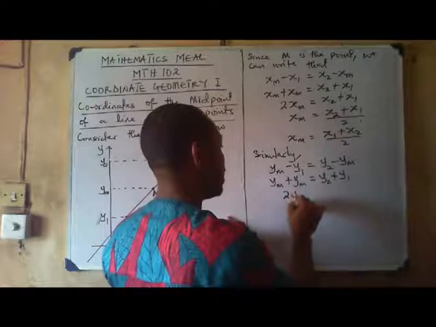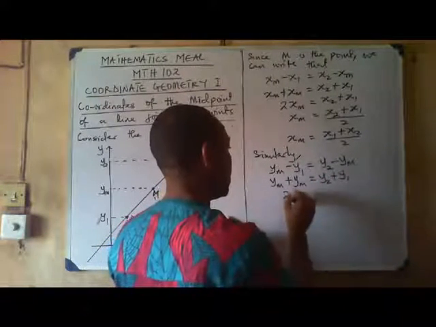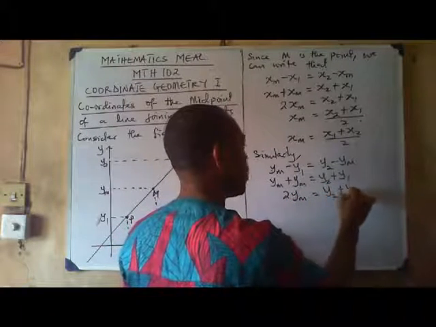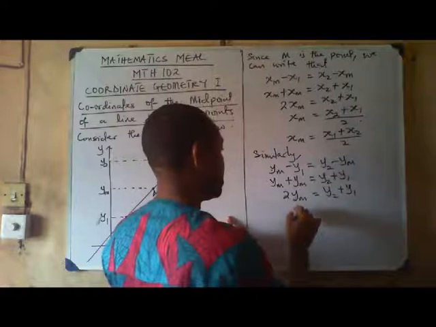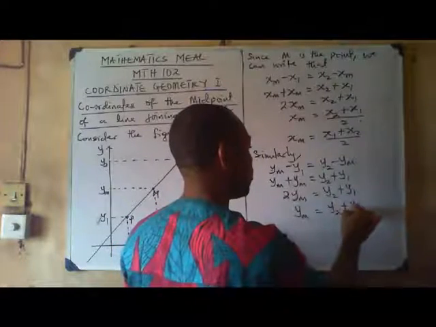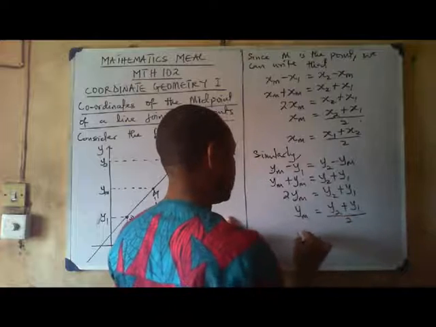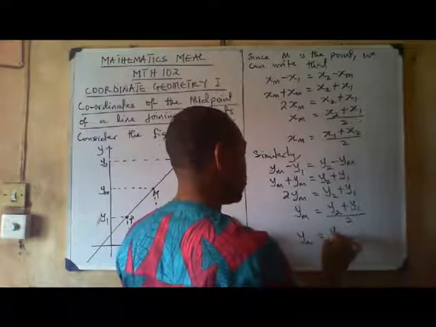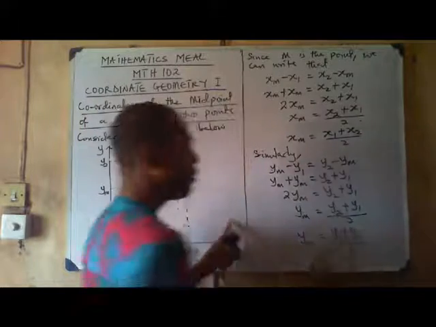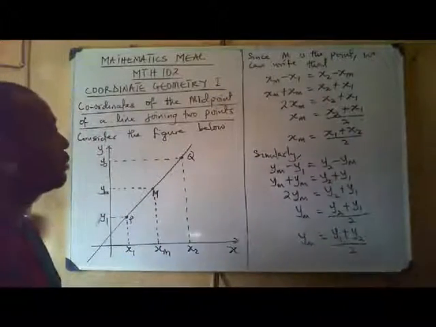So 2ym equals y2 plus y1. That means that y sub m is y2 plus y1 divided by 2. So ym is y1 plus y2 over 2 because of the commutativity of addition.